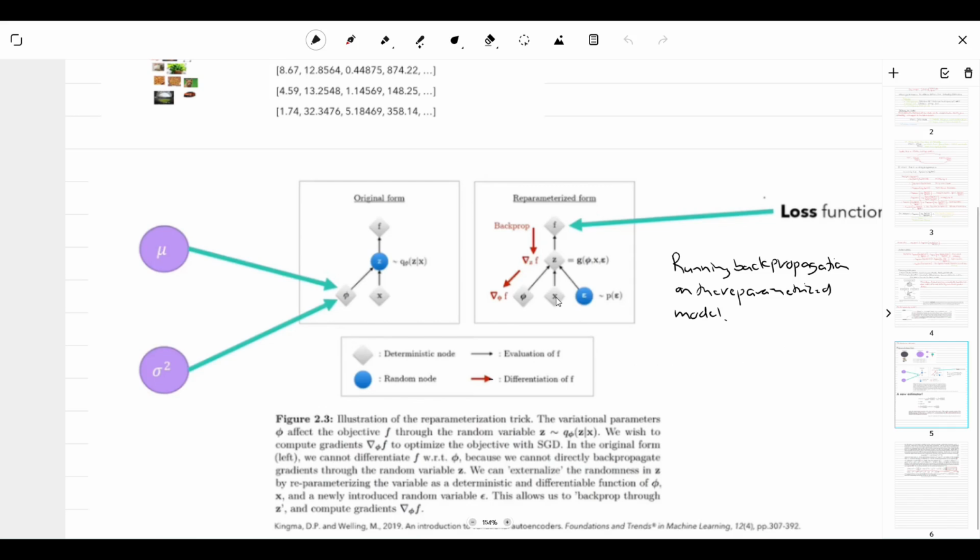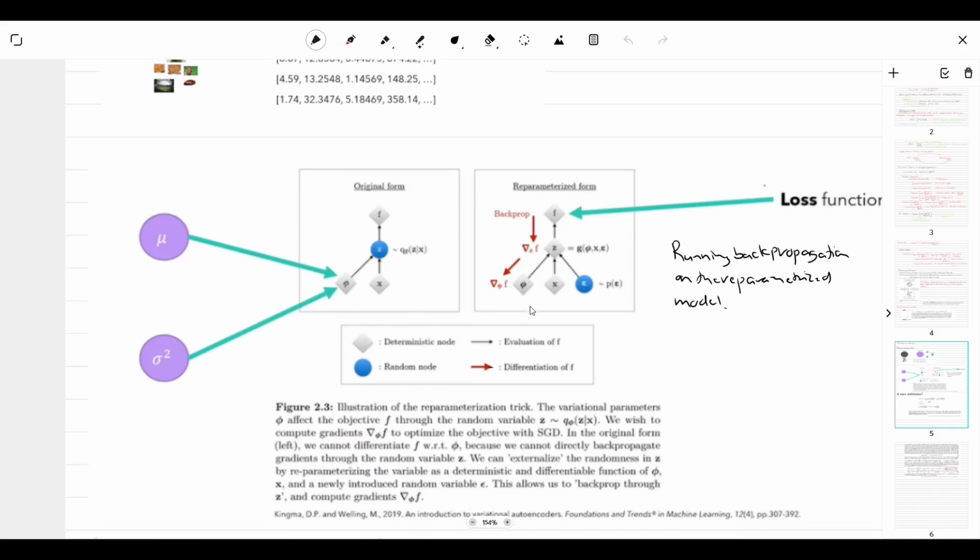The encoder still outputs mu and sigma, and the randomness is externalized to epsilon, which is outside the network's parameter phi. Now the creation of z is a deterministic operation, addition and multiplication, making the entire path from the loss function back through the encoder's parameter differentiable.